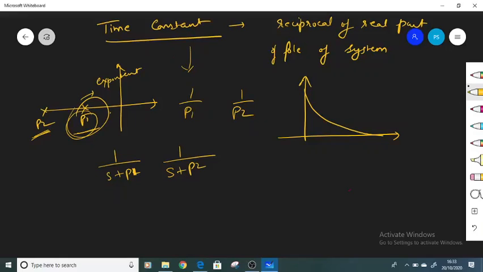And due to this we have seen that p1 is producing some constant multiplied by e to the power minus something, a decaying term, plus p2.